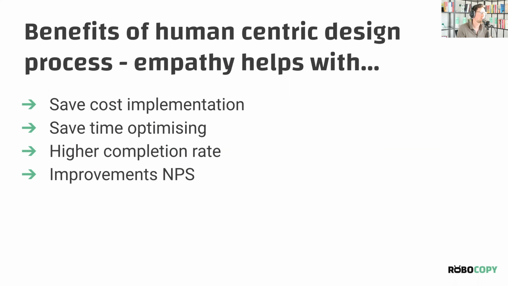So you're going to save costs implementing this, but also you're going to save a lot of time optimizing it, because using a clear design process means that you're going to have arguments of why the design is the way it is, right? So when you're going over the data and going over the analytics, all of it makes more sense because you know what kind of reasoning you had when you tried it in the first place, right?